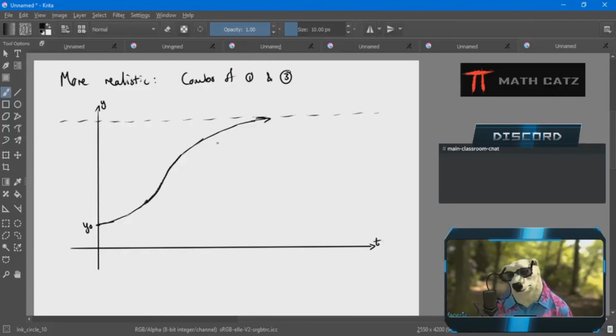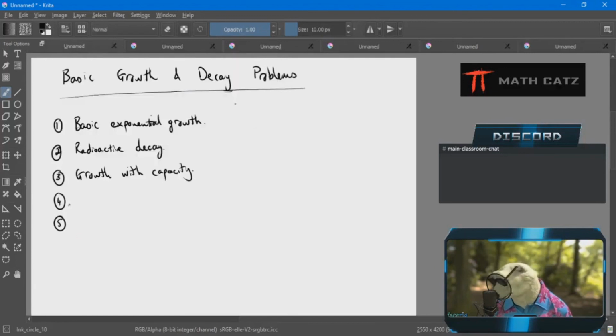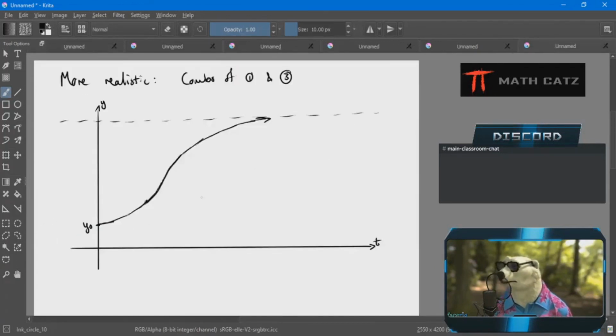I want to run through some more basic ones, and then perhaps we are more ready to see what this differential equation looks like. Because, to be honest, the more realistic I want to get, the more complicated the math is going to be. So it's a fine balance between the two.